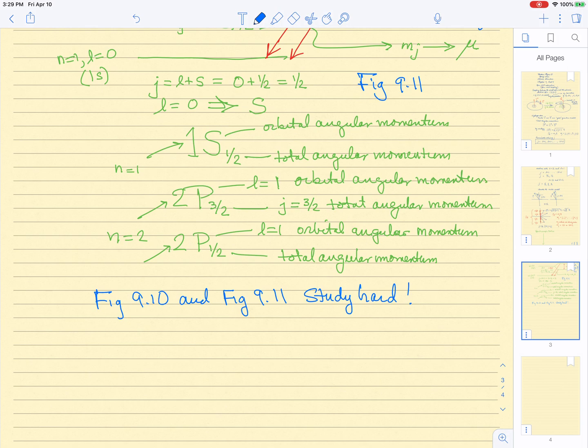So I want you to also study example 9.4, which is another really fine example of the spin-orbit coupling interaction in what is called the sodium D-line doublet. Okay, and so definitely study that.